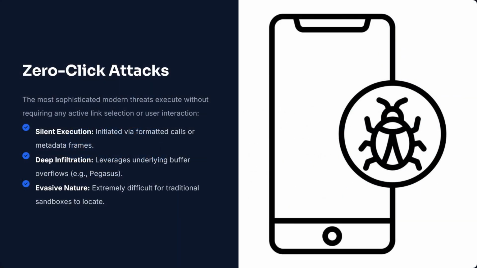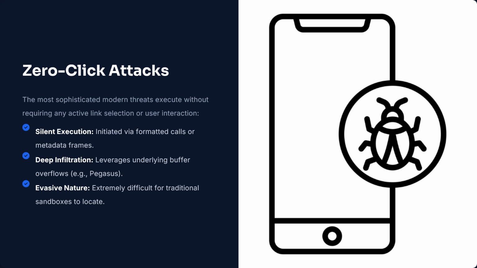But what if you don't click anything at all? This brings us to the absolute cutting edge of cyber threats, zero-click attacks. Unlike traditional phishing, which requires you to click a link or download an attachment, zero-click attacks execute completely silently.